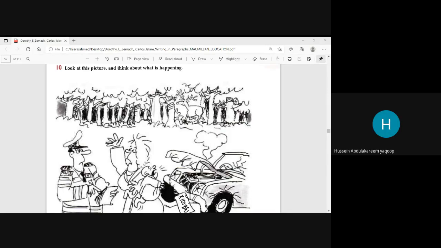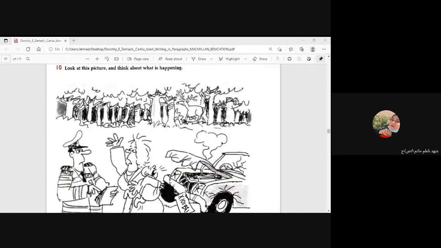Yes, we now have Shahd Nadal, and then Ali Abdul Hamid. Shahd: I can see a woman and her child who had an accident in the car. The mother is very worried, and the child is crying.